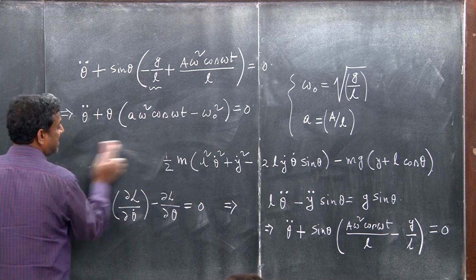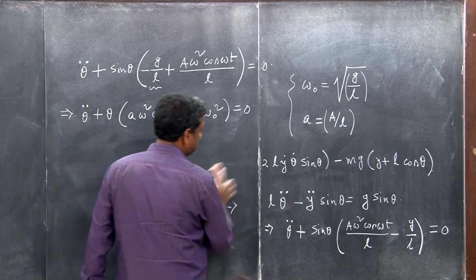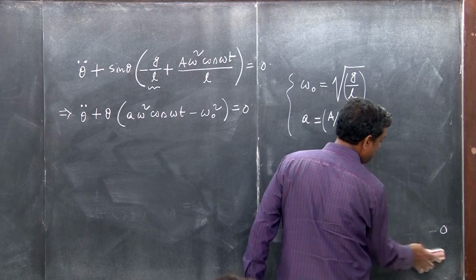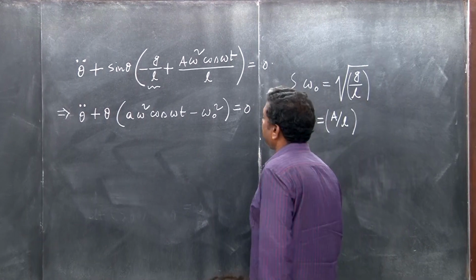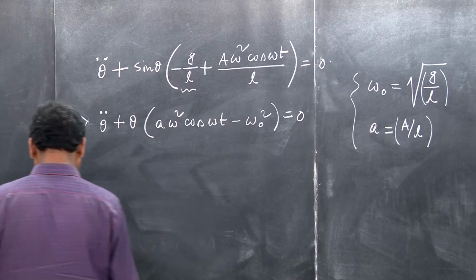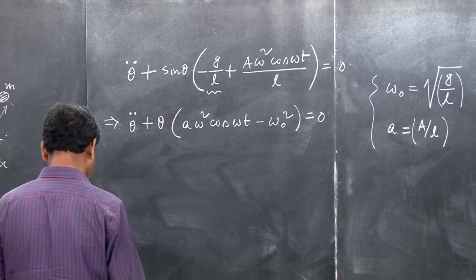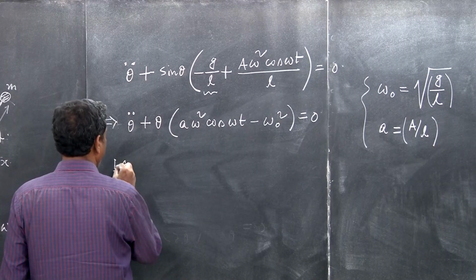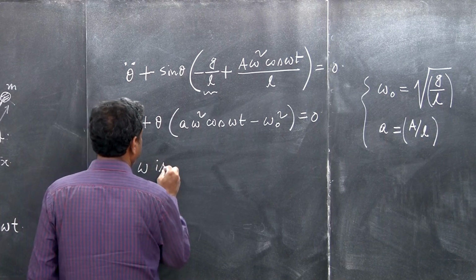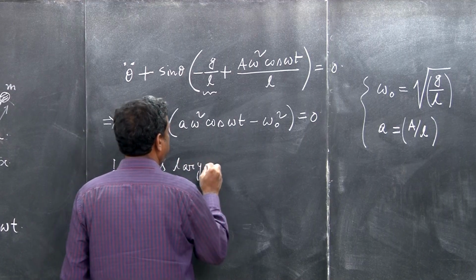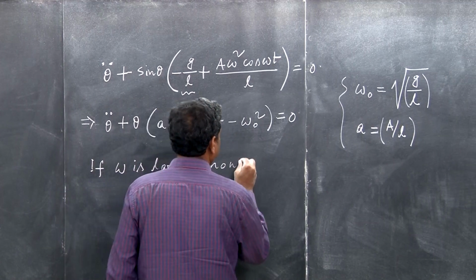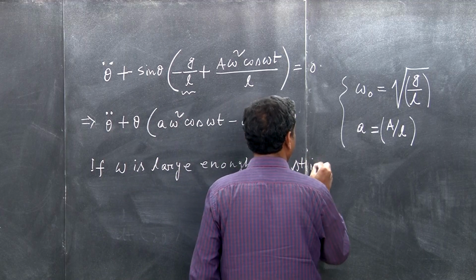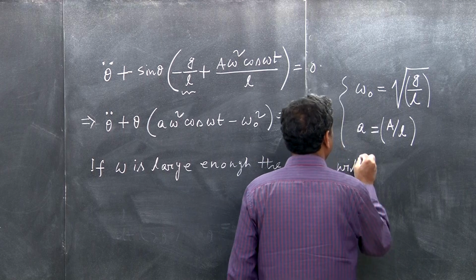What we see here is the interplay between omega 0 and omega. We know that if omega is large enough, the stick will not fall.